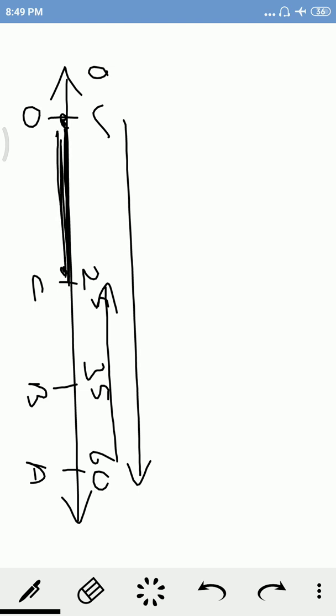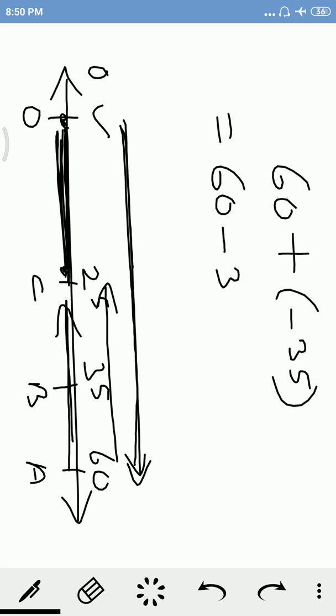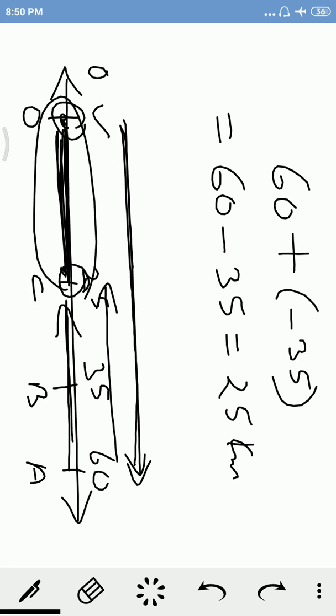This shortest distance is 25 kilometer. How did we get this quantity? The distance covered in this direction is 60, and when it returns back, the distance is covered in the opposite direction. So we can take it as minus 35. So 60 plus minus 35 will become 60 minus 35, that is 25 kilometer. So the shortest distance between the initial and final position is 25 kilometer.